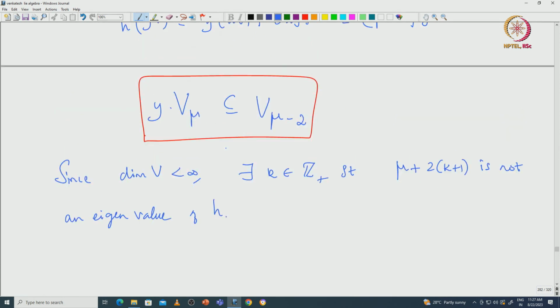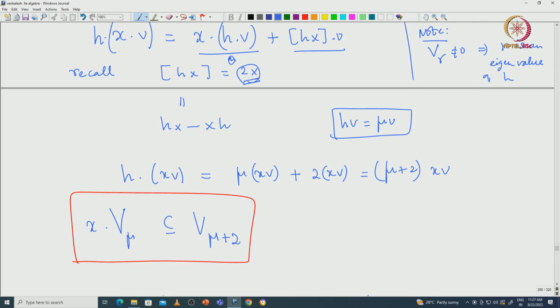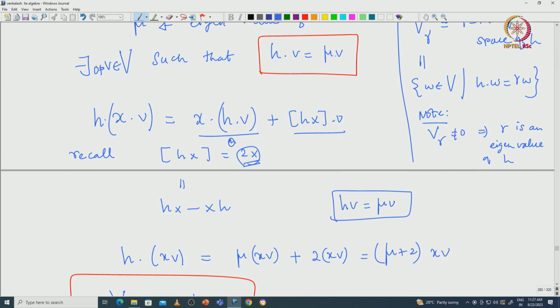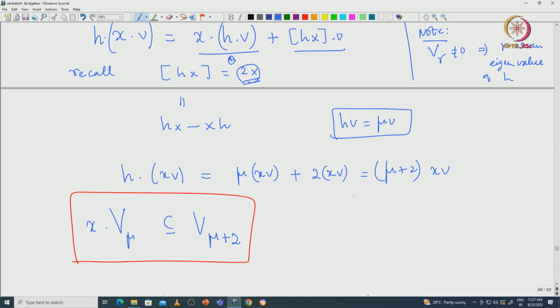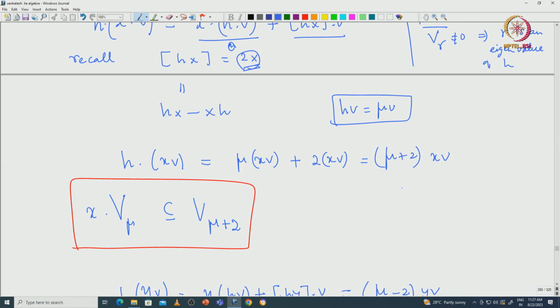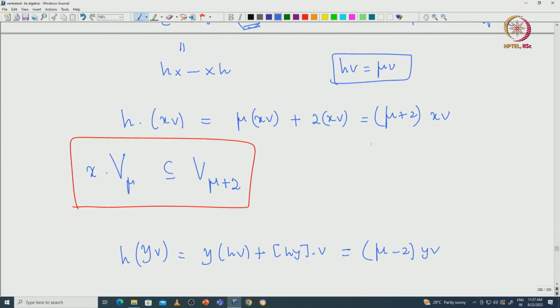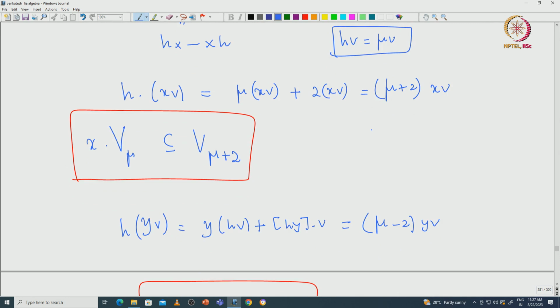We just saw that if you start with the mu-th eigenvector and apply x, you get a (mu plus 2) eigenvector, and if you keep applying x, you get mu plus 4, mu plus 6 and so on. But at some point some power of x has to kill v, because we are working with a finite dimensional space.